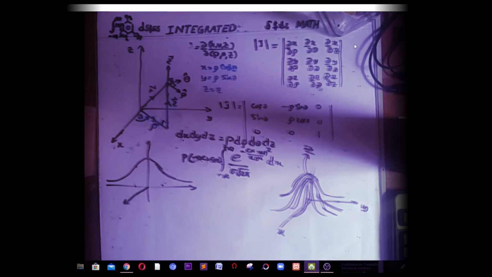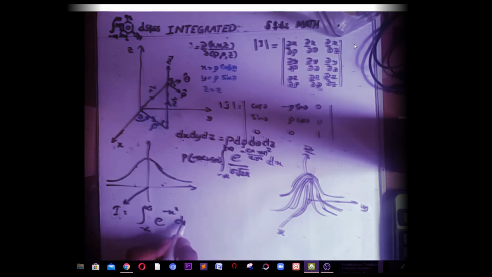If you assume this is I, this is I squared. Let me show you how it comes. This is the integral from minus infinity to plus infinity of e to the power minus x squared dx.